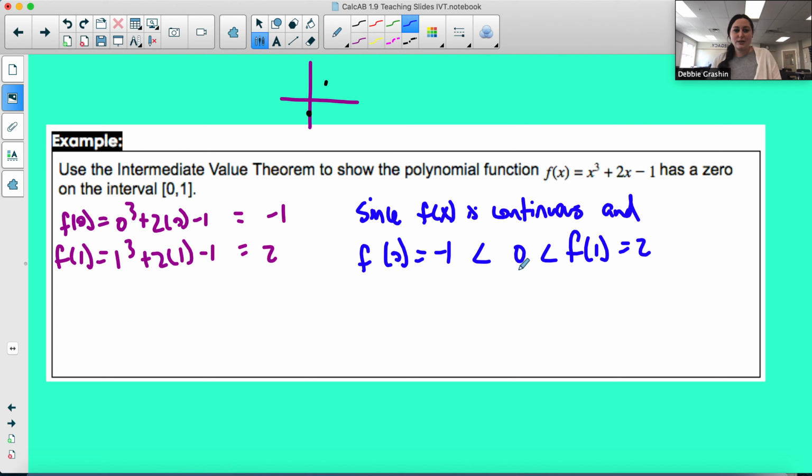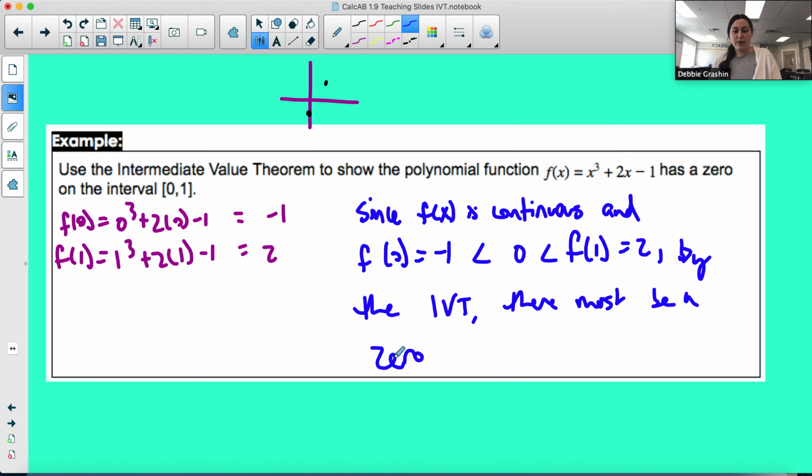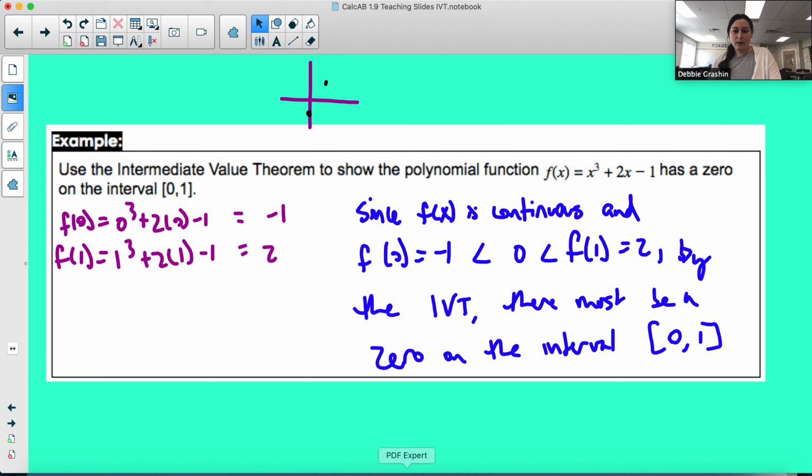That's a fancy way of saying 0 is in between negative 1 and 2. You have to show that f of 0 is negative 1 and f of 1 is 2, and then you could say 0 is in between negative 1 and 2. By the intermediate value theorem, there must be a 0 on the interval 0, 1.